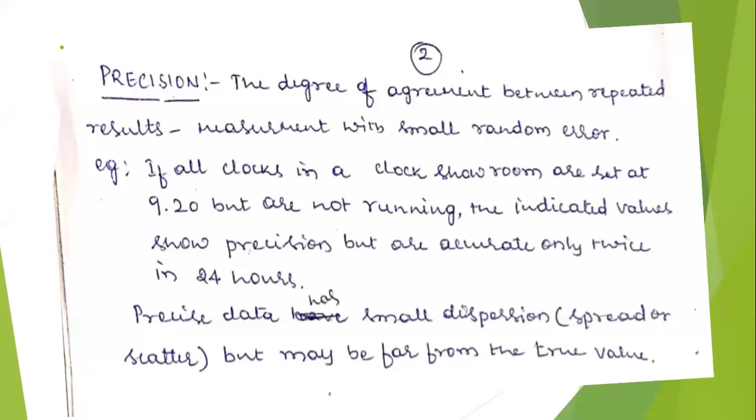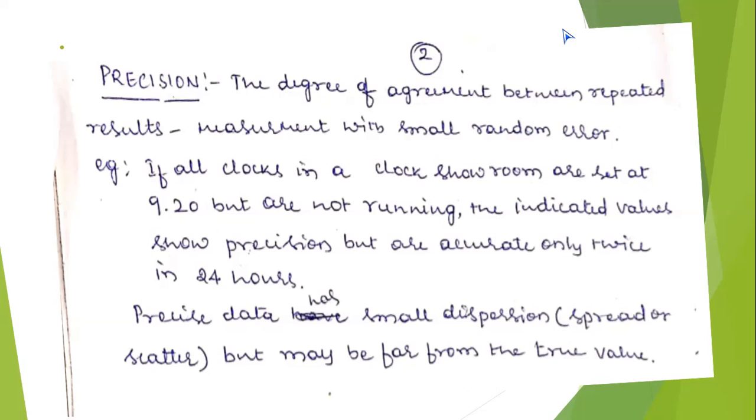That is the value which differs from the true value, or you can say the measurement with a small random error, that may be 0.001, sometimes in microns.